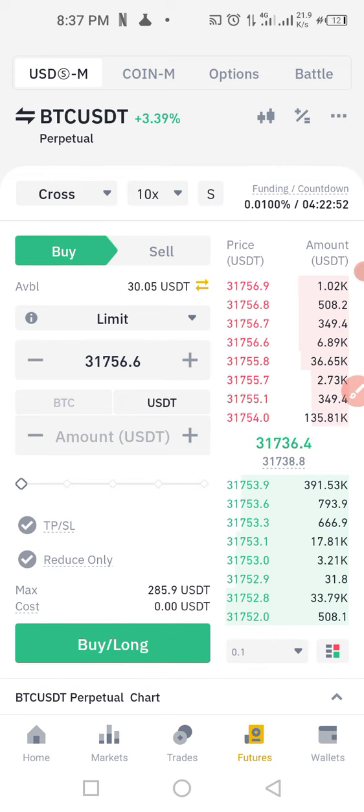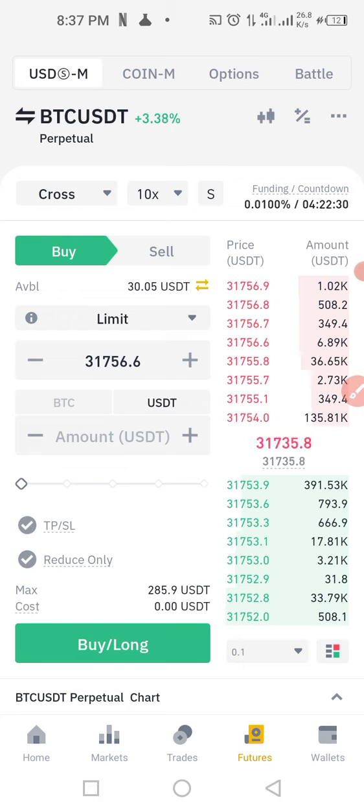Now, what makes futures trading more interesting is that you have the opportunity to leverage your fund with another available fund that can help you boost your income.